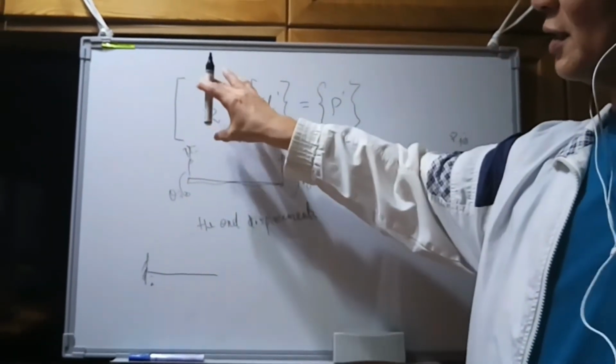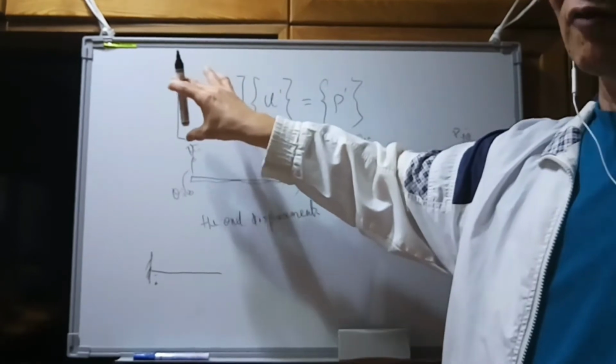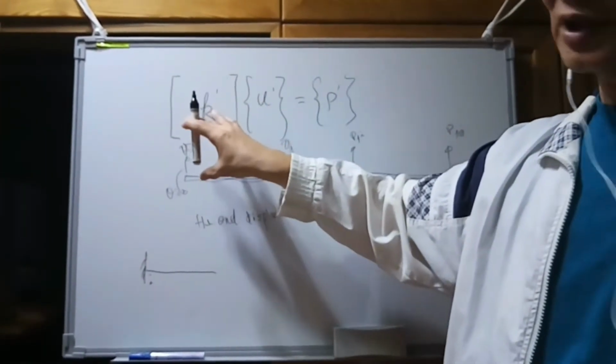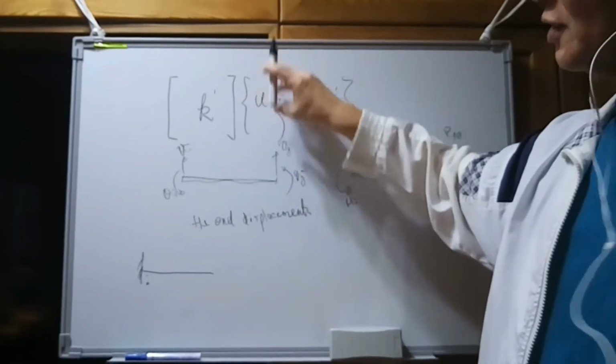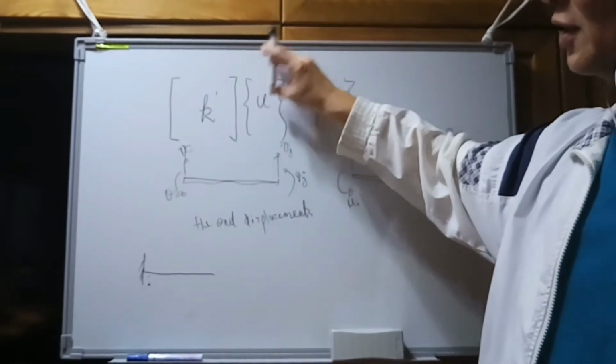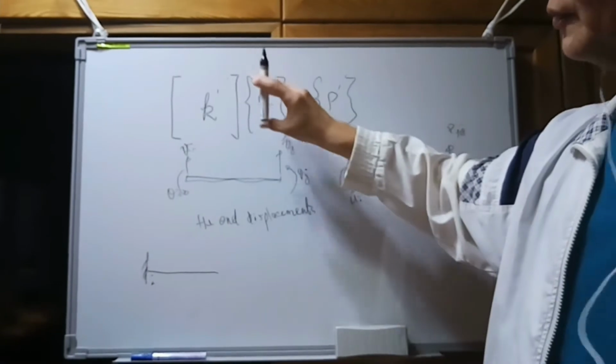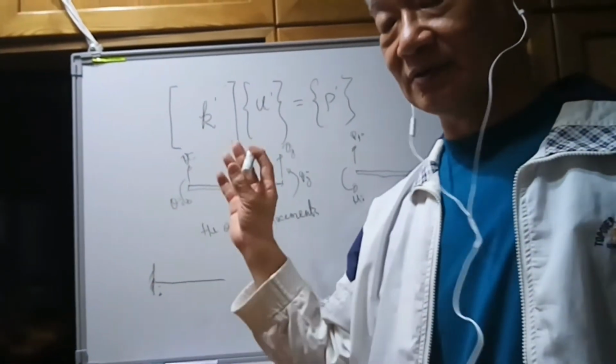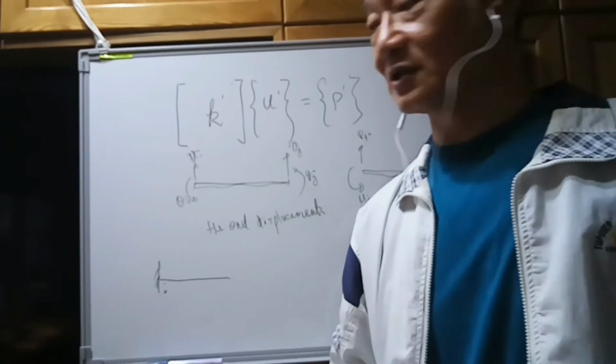So we can change the original 4 by 4 matrix to a 4 by 2 matrix only. And for the four displacement elements, we eliminate the first two and keep the third and the fourth element in the displacement vector.